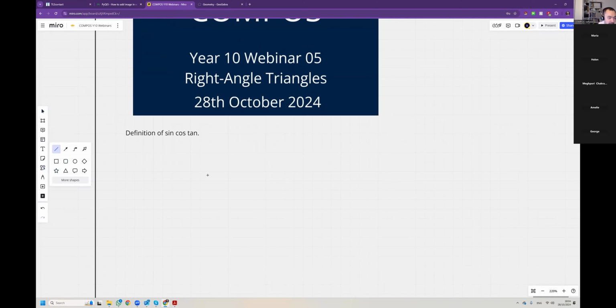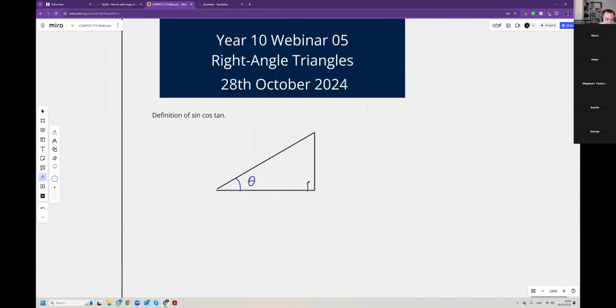I'll just quickly remind you that if you have a right angle triangle, and you have an angle, for example theta, the longer side, the side opposite to the 90-degree angle, is called the hypotenuse.